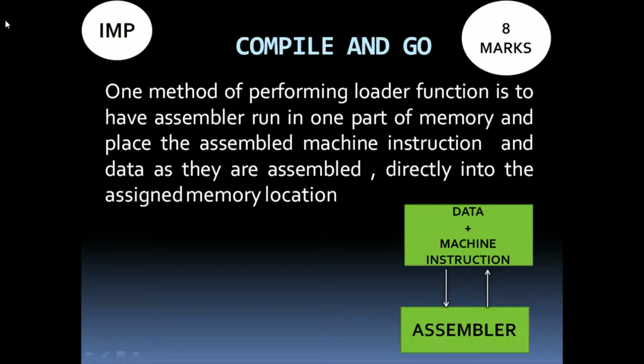One location is an assembler. The entire assembler has been stored in the memory. In one more location, there is data and the machine instructions. So what will the assembler do? Assembler will translate the data and machine instructions, and then it will execute it.